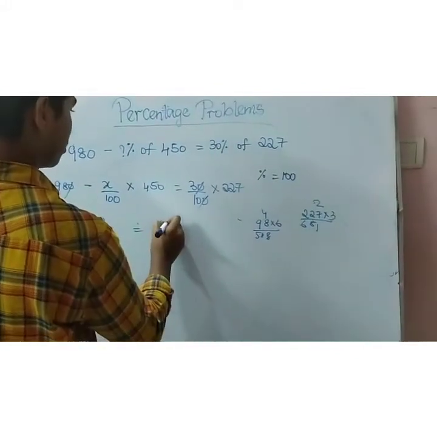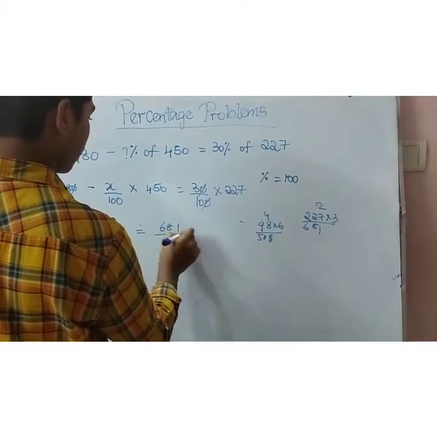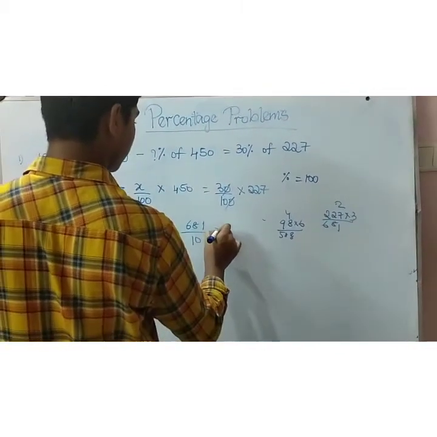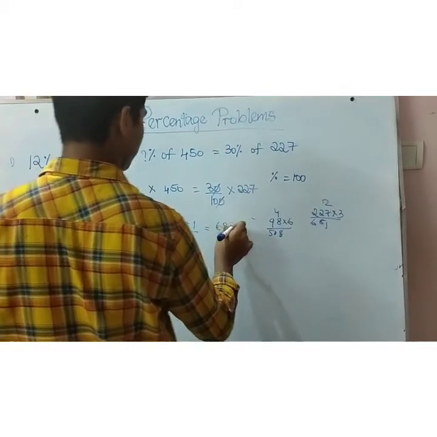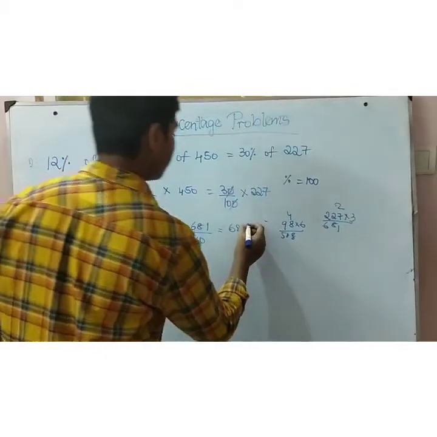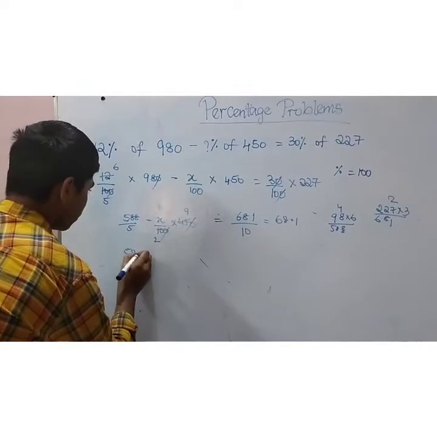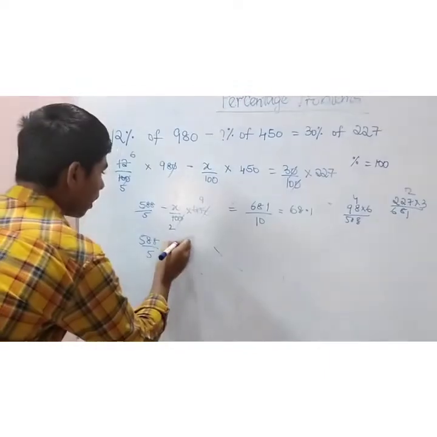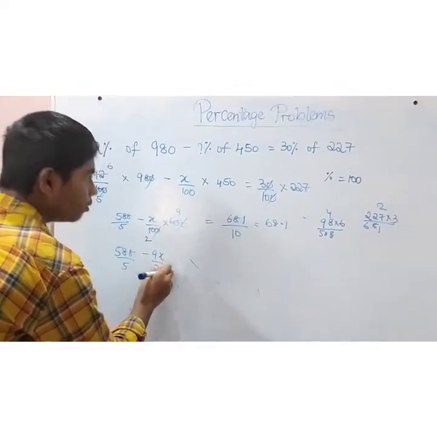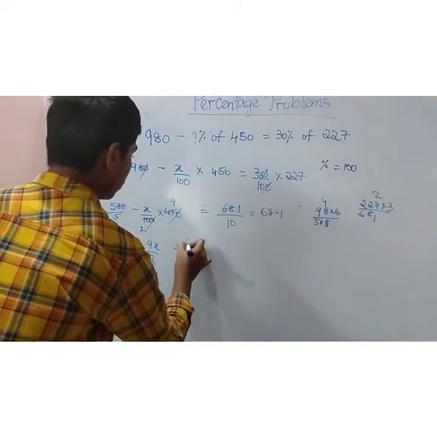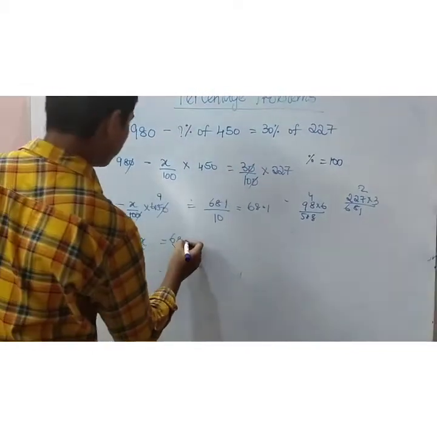Now 681 by 10, that is 68.1. Now 588 by 5 minus 9x by 2 is equal to 68.1.